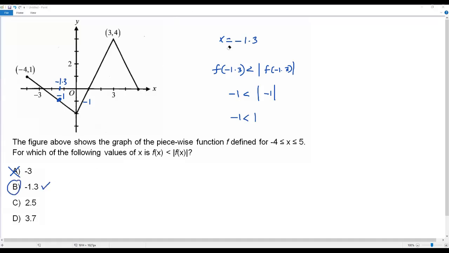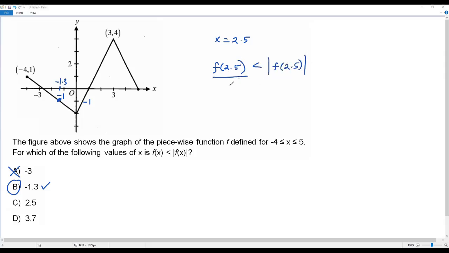Anyways, let me check the other options as well. We have the value for x in answer choice C, that is x equals 2.5. Now let me plug x equals 2.5 into the given inequality. Then I'm getting f of 2.5 less than absolute value of f of 2.5. Here f of 2.5 means the value of the y coordinate when x equals 2.5. The value of x over here is 1, then 2, so 2.5 has to be here.